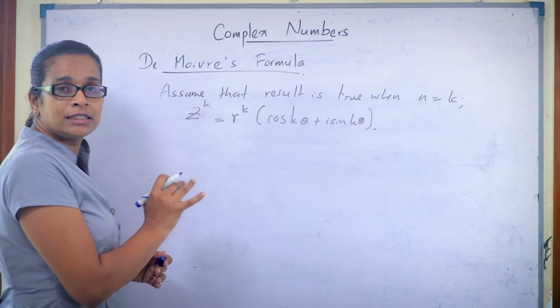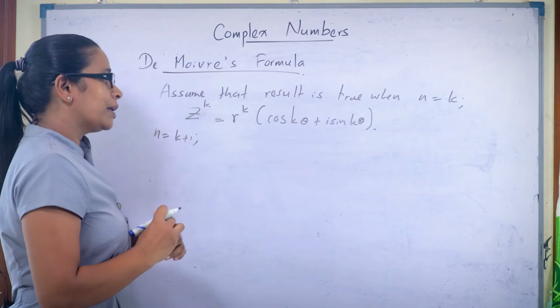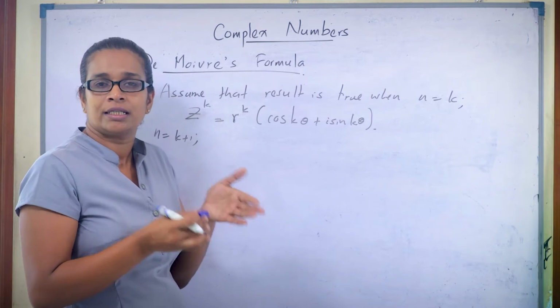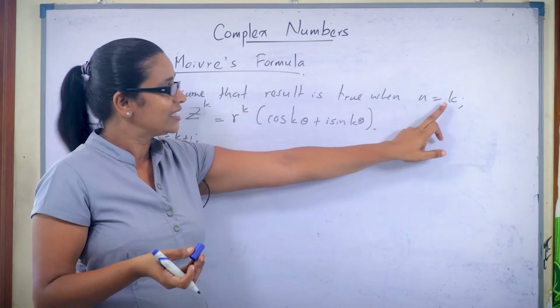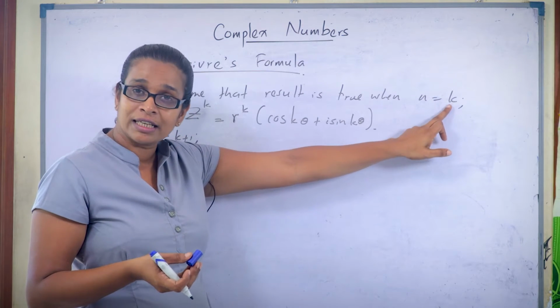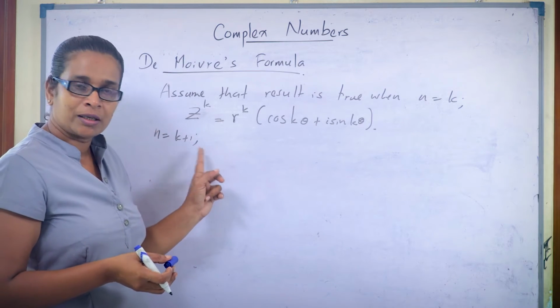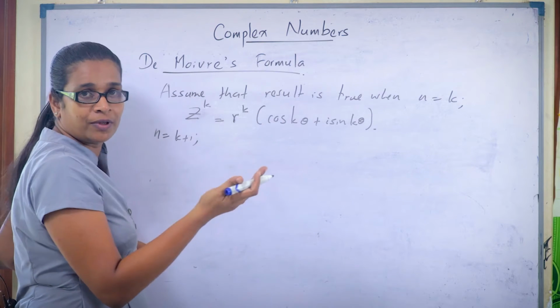Now in the third step, n equals k plus 1. Based on this assumption, I am going to prove this result is true for the next integer. It was n equal to k here, so the next integer means k plus 1. Okay, so look here. Now I need to change this power.